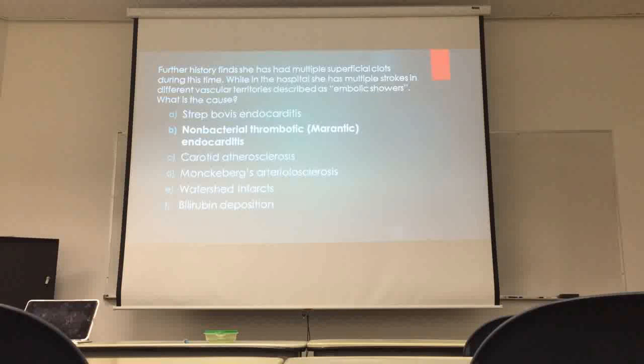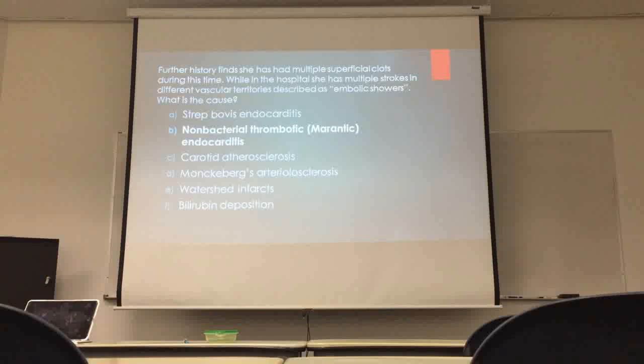Exactly. You'd have one vascular territory that the carotid feeds into, but embolic showers in different territories means that it's coming from somewhere more proximal, because it has to get to either the internal carotid or your basilar artery, right? Those are your different vascular territories: MCA, ACA, basilar artery.